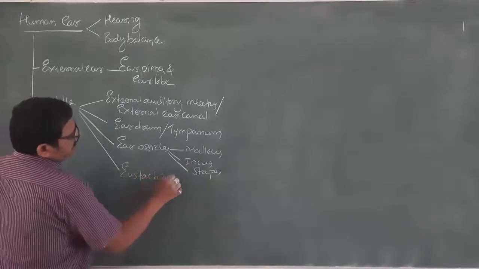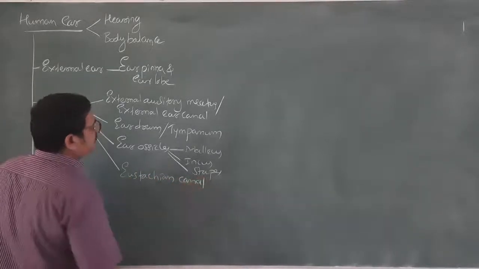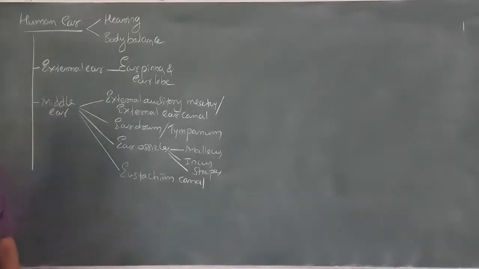The Eustachian canal connects the middle ear to the pharynx.